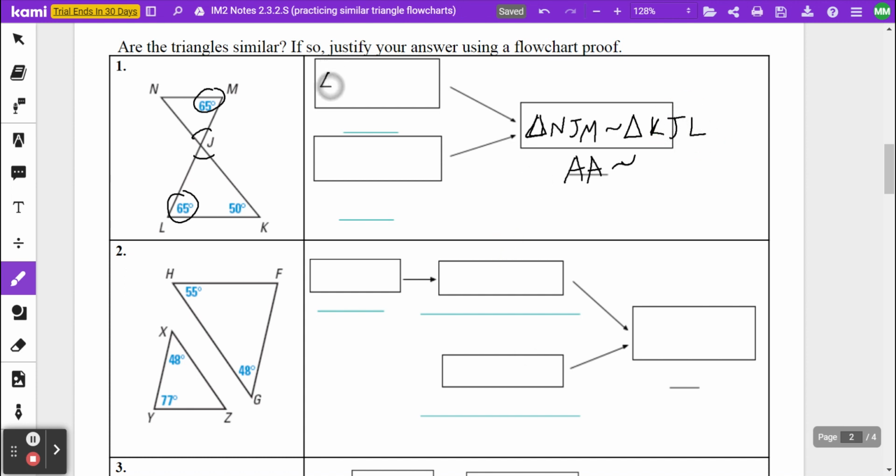So that will be angle M is congruent to angle N, which is given by angle measure equals 65 degrees. And angle, and be careful because you need 3 letters here. NJM is congruent to angle LJK because they are vertical angles.